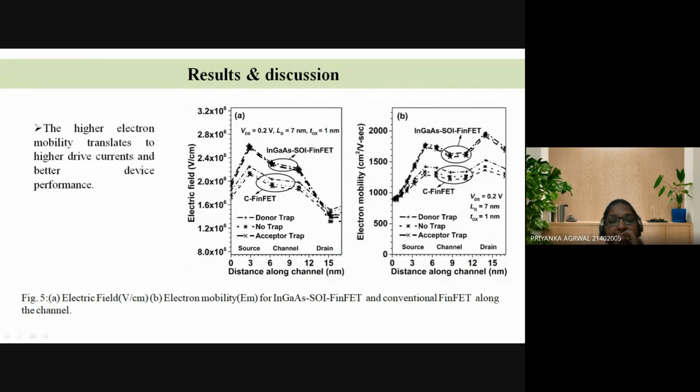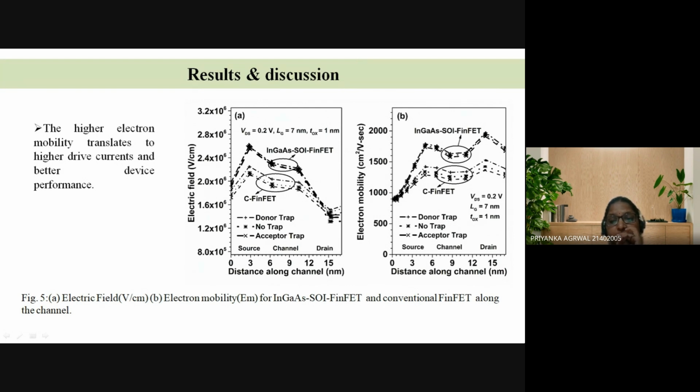Here we can see the electric field, as I have already told in the previous slide, that the electric field in the compound semiconductor used FinFET is increased due to the higher electron mobility, and in the conventional FinFET it is low.